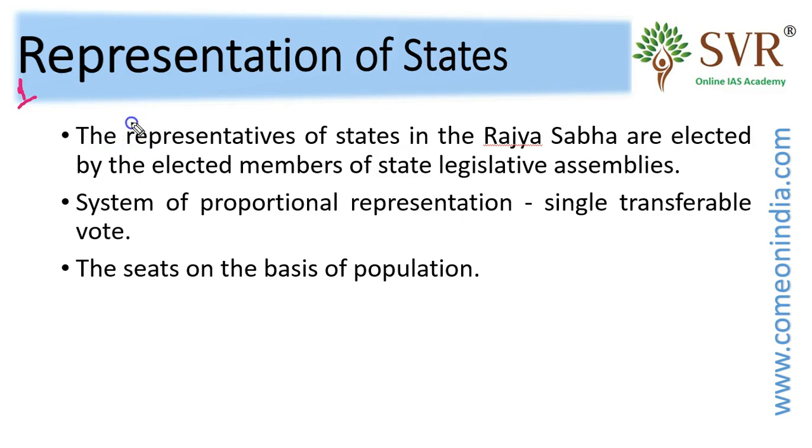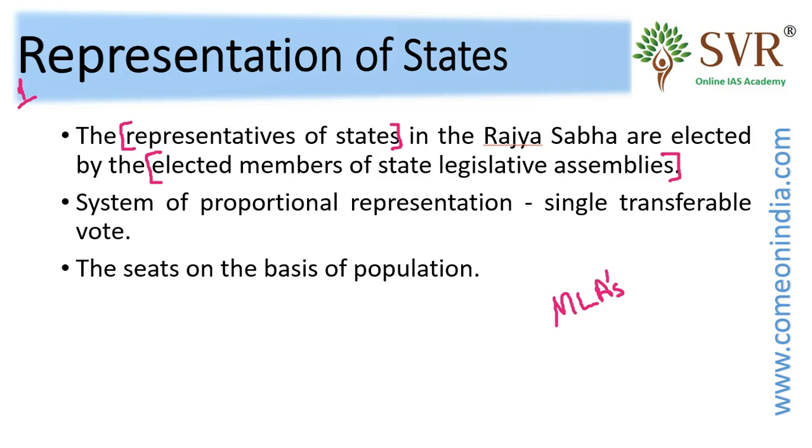The representatives of the states in Rajya Sabha are elected by the elected members of the state legislative assemblies. In common terms, we call them MLAs, that is, Members of Legislative Assembly. These MLAs participate in an election as voters, thereby selecting the representative of the state in the Rajya Sabha.